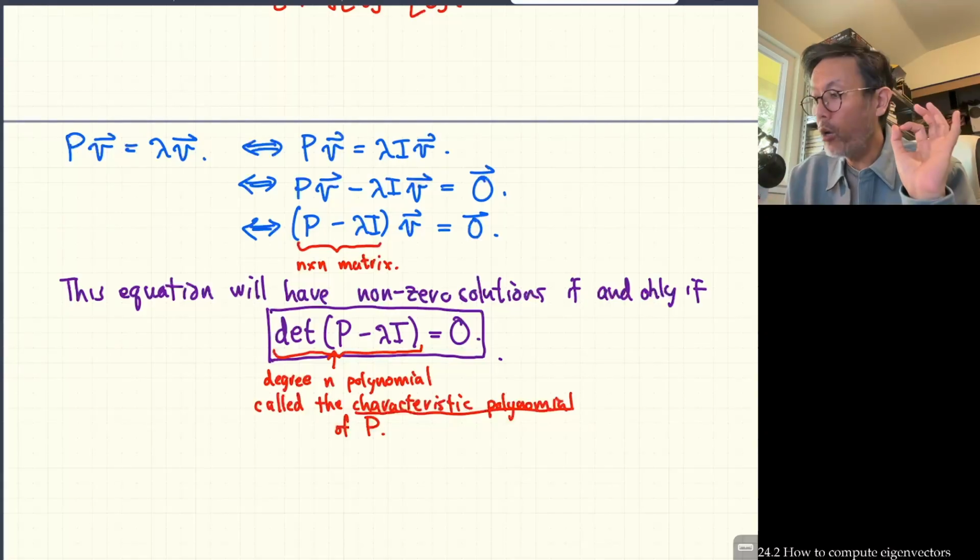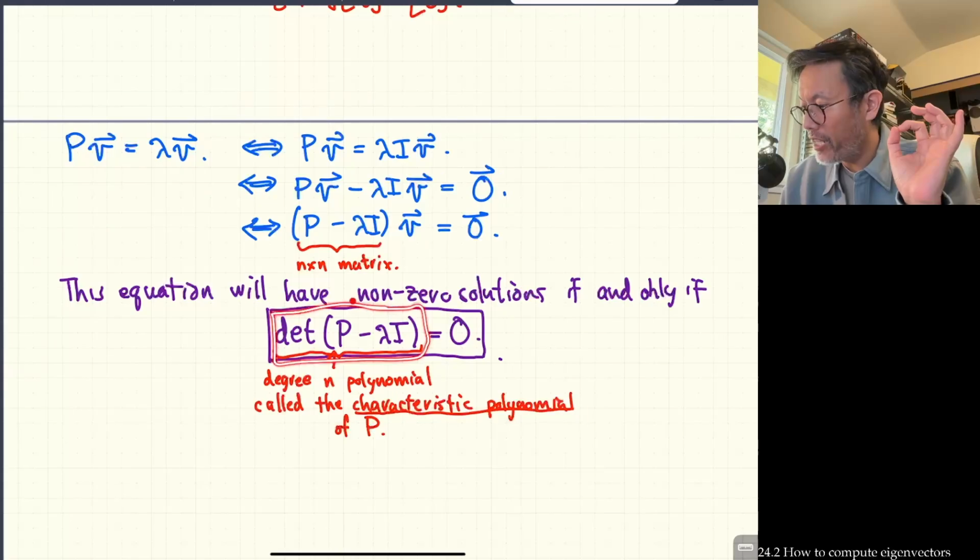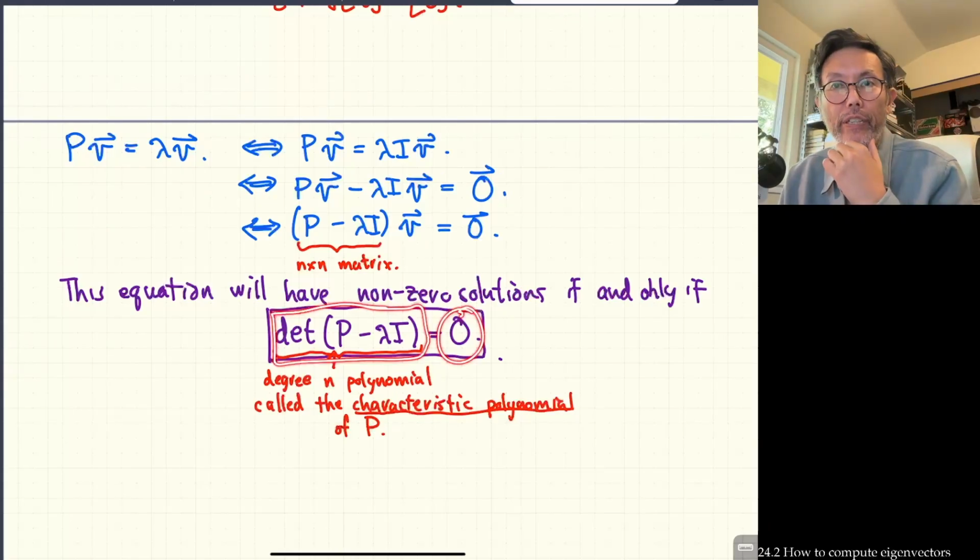Now, what are we doing when we set this polynomial equal to 0 and then solve for lambda? We are finding the roots of that polynomial, the zeros of that polynomial.